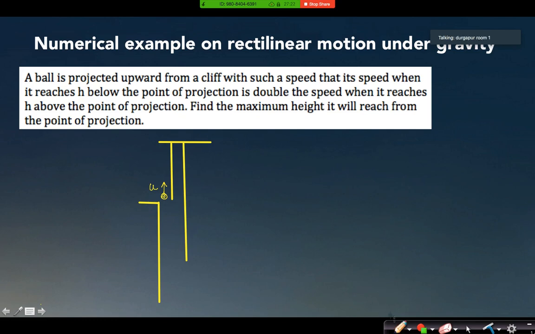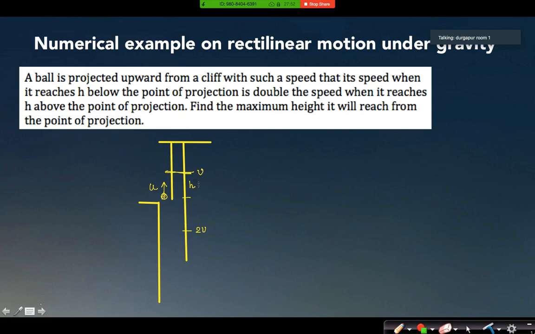So according to your question, when the ball reaches a particular height h above the point of projection, which is this one, its speed is, suppose, v. And when it reaches h below the tower, below the point of projection, then its speed is 2v, right?